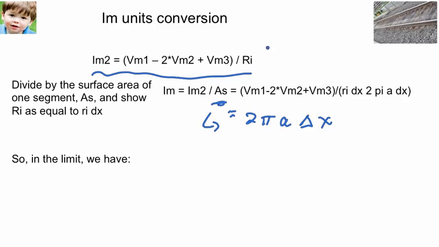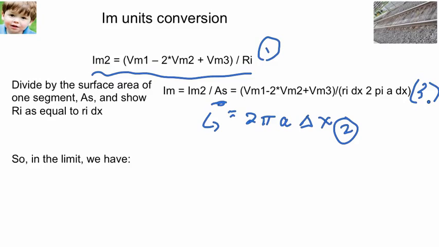If we take our original expression, equation 1, divide it by the surface area, 2, then we wind up with equation number 3. It's a little bit confusing looking, but notice this.